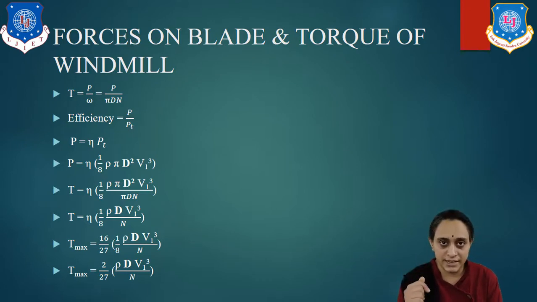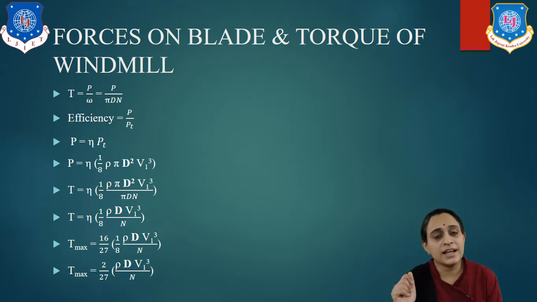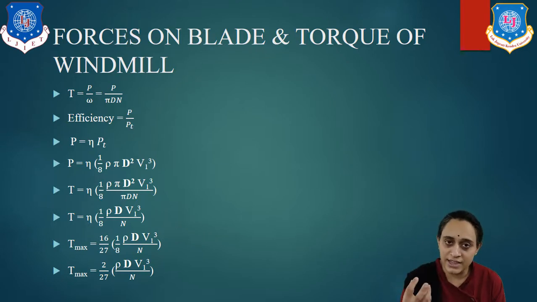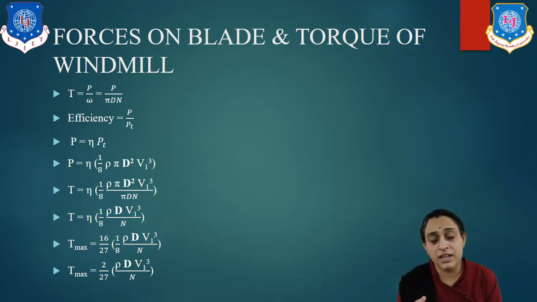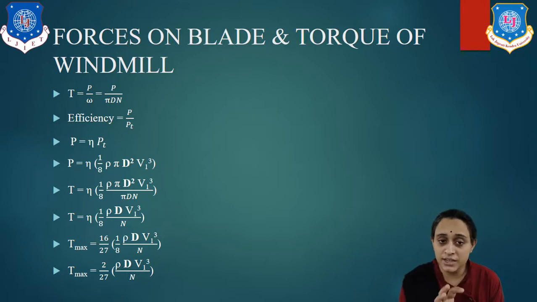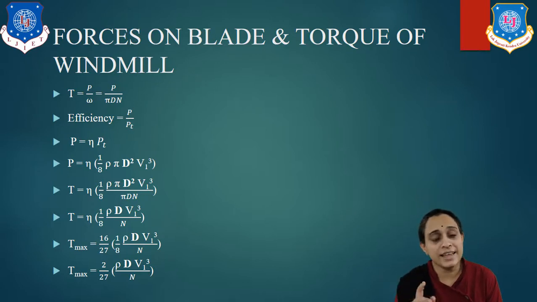It is 1 by 8 rho d V1 cube by n. So finally we will get the final answer, which is torque maximum, because we are putting the maximum efficiency value in our equation. So finally we will get 2 by 27 rho d V1 cube by n.